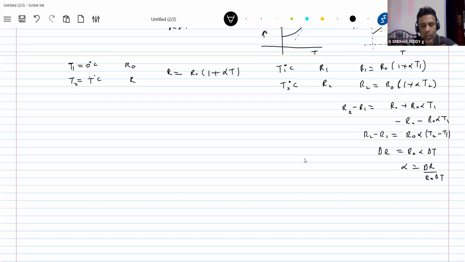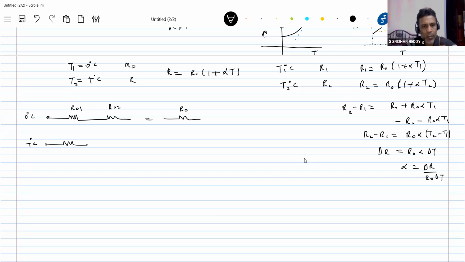First, the resistance of them at 0 degrees Celsius is R naught. This should be equal to some R at T degrees Celsius.